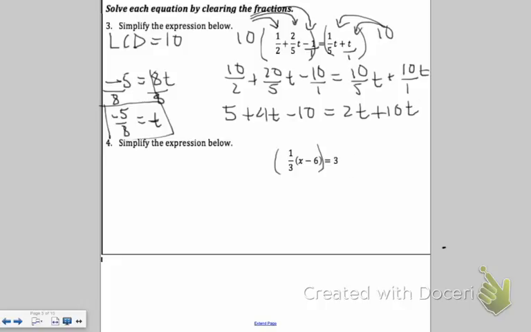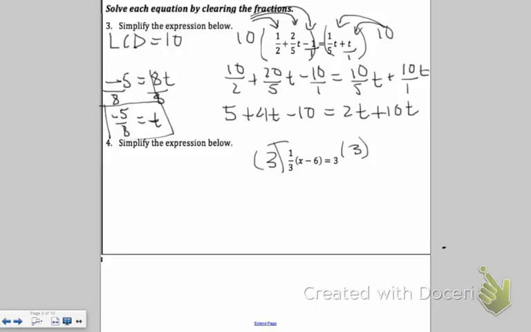So what we really have here is division by 3. If we look at the inverse of division, which is multiplication, we would just have to multiply by 3 on both sides of the equation.